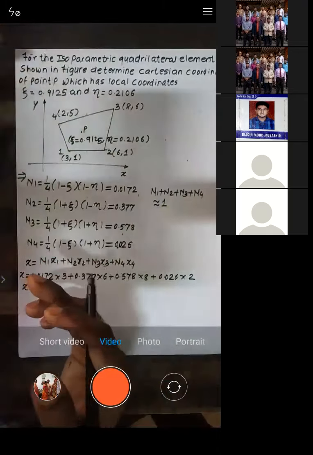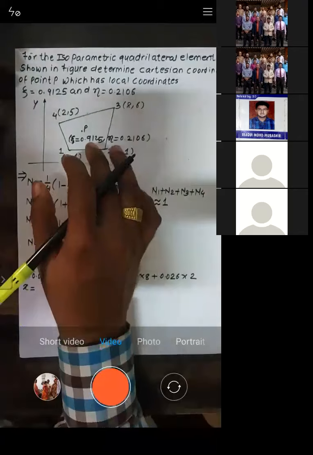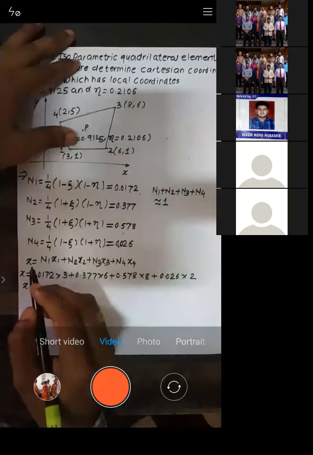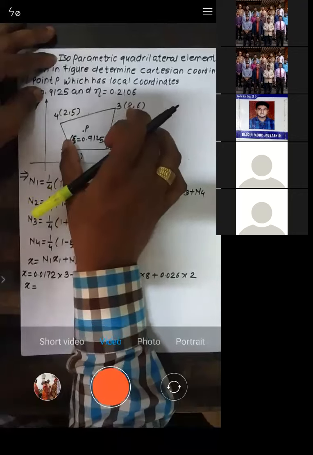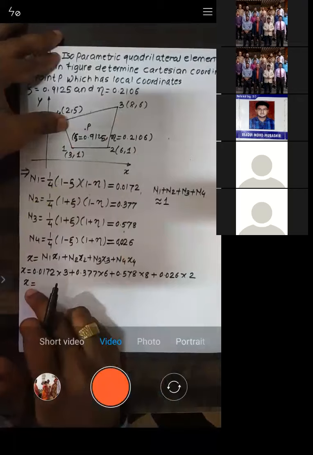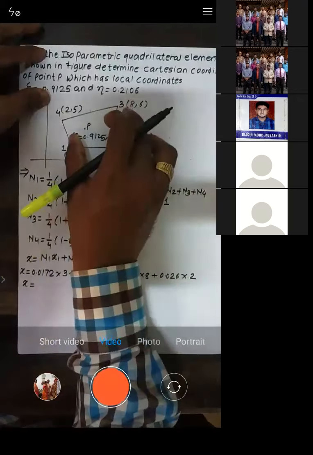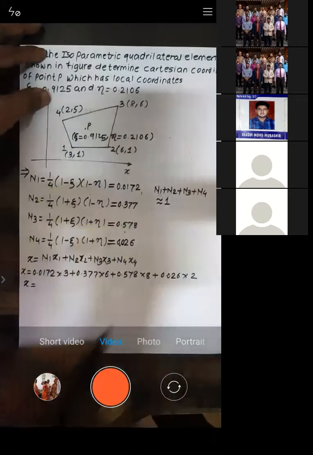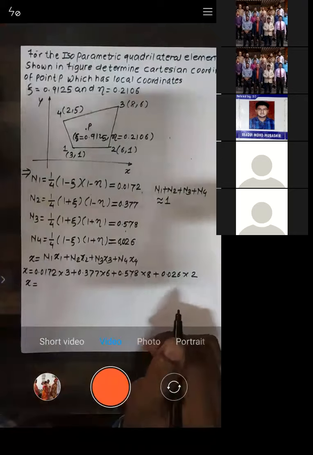That's why I'm not converting this problem into local coordinate. With the global coordinate system, I will get the global location of x. If I solve with a local coordinate system, I will get the local position of x.